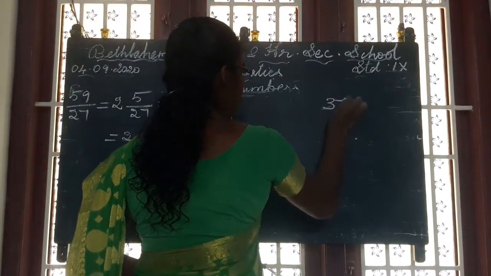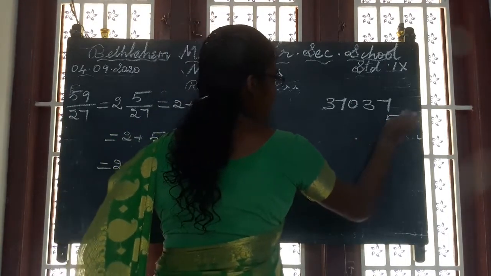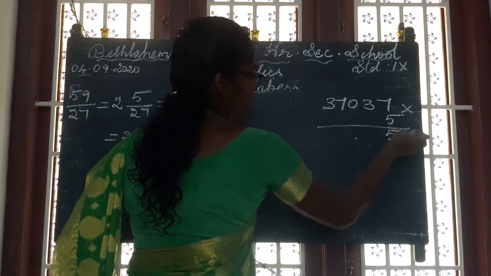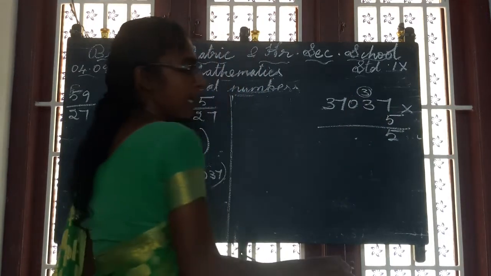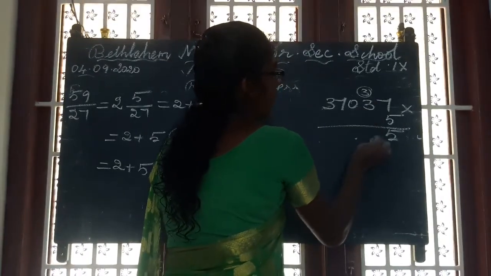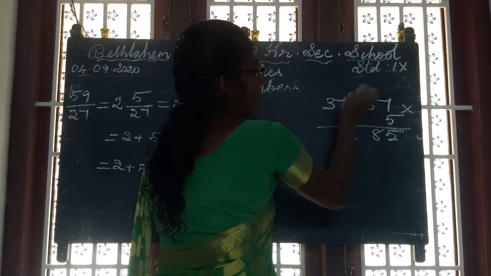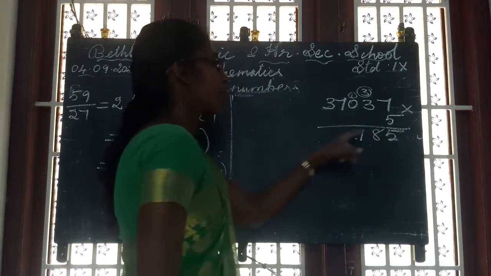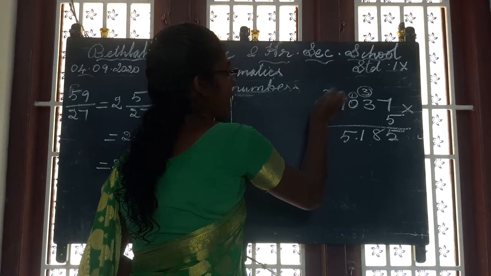037 into 5. 5 times 7 is 35. How many balance? 3 balance. 5 3s are 15, 15 plus 3 is 18. Next 5 into 0 is 0, plus 1 is 1. Next 5 7s are 35, 3 balance.